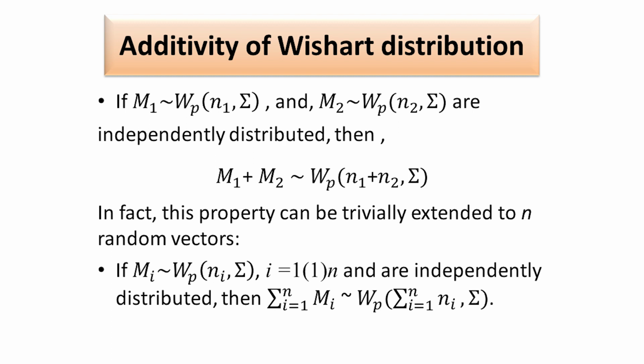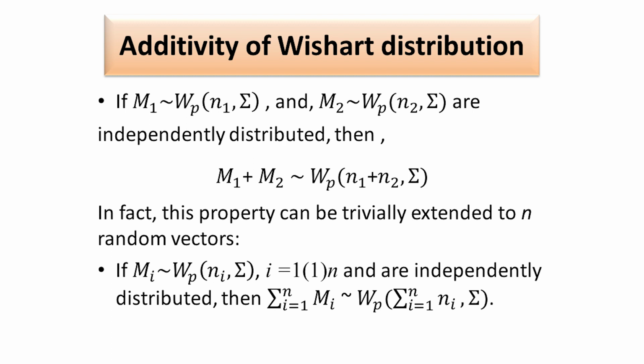In the univariate setup, we could extend this to the case of n random variables. That is, if we have x1, x2 to xn independently distributed, where xi is distributed as chi-square with ni degrees of freedom, then summation xi would be distributed as chi-square with summation ni degrees of freedom.